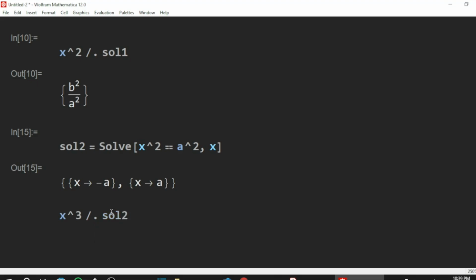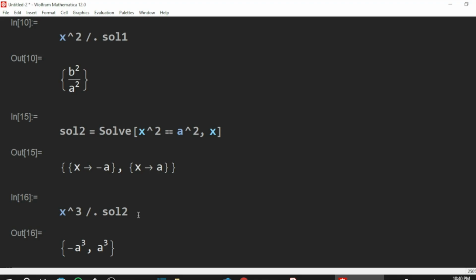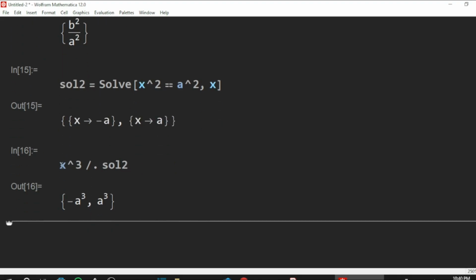If I run this, Mathematica will evaluate x cubed for both of these values and will give me a list. It gives me minus a cubed for one value, and a cubed for the other.